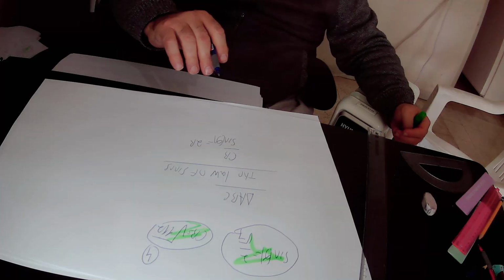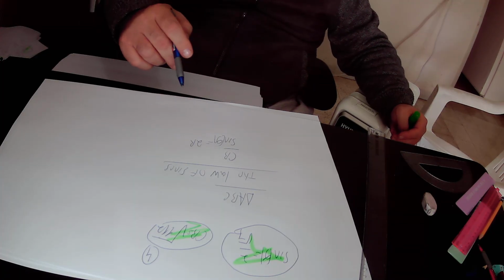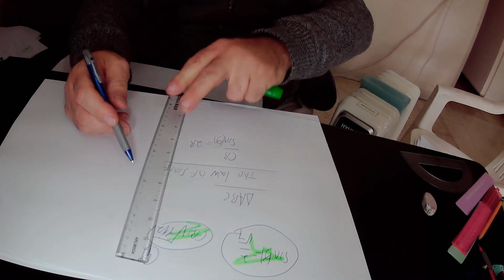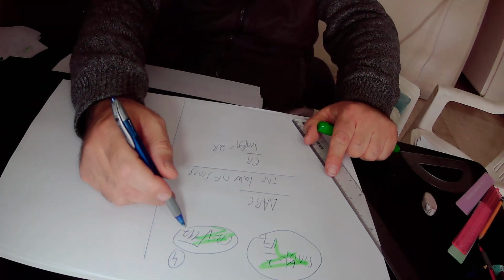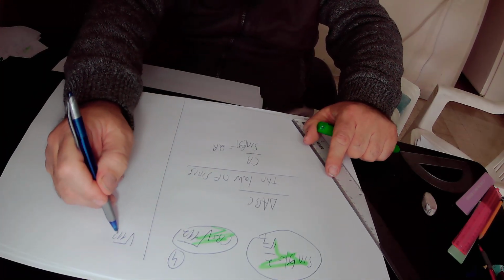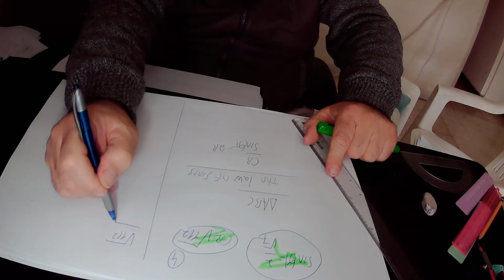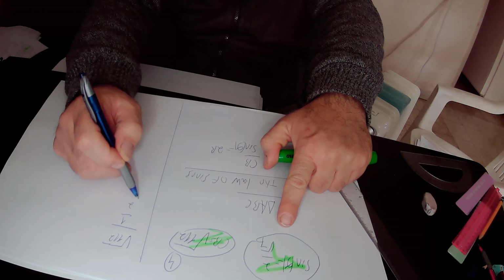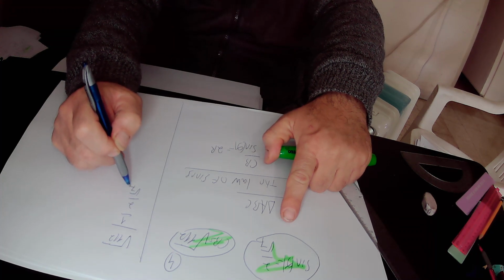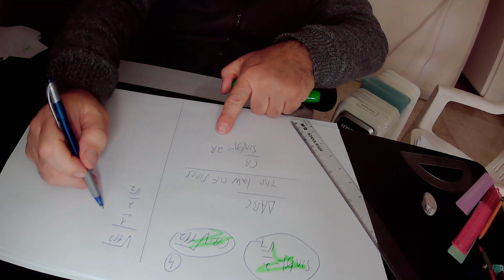So CB over sine alpha equals 2R. CB is square root of 112 over sine alpha. Sine alpha is 2 over square root of 7, and it equals 2R.